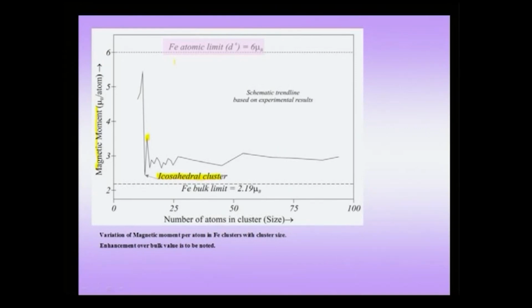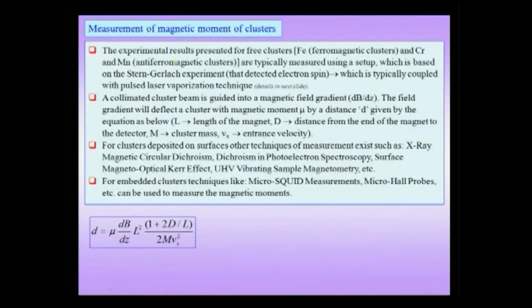That means, people have actually produced clusters of atoms consisting of magnetic material and further have gone on to measure the magnetic moment. So, these are experimental results, and therefore, we need to know how we can actually measure the magnetic moment of these clusters. Though our lecture here would be limited to a brief outline, and students interested in these techniques may consult extensive texts on these aspects further.